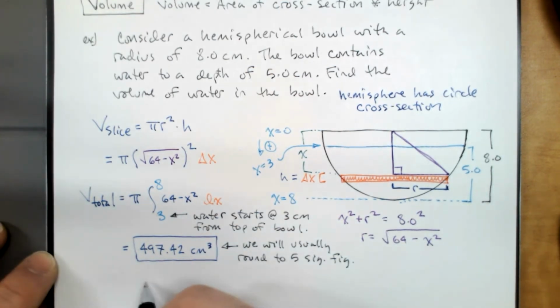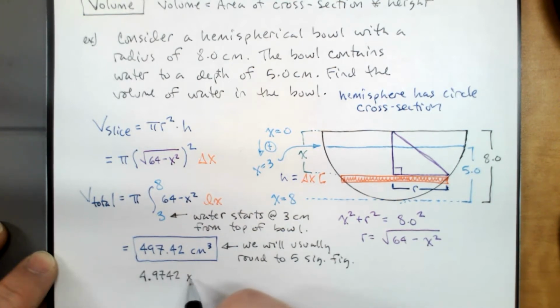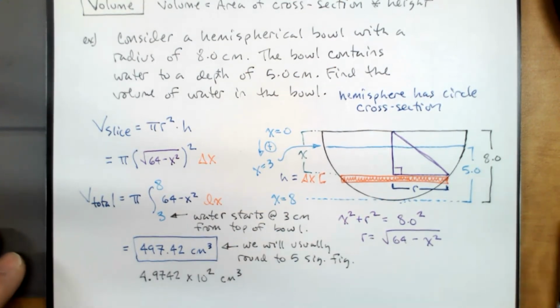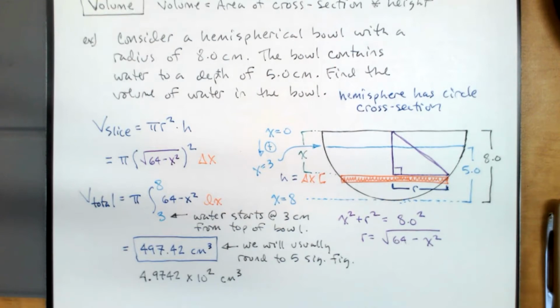Since this is hundreds, we could also write this as 4.9742 times 10 squared, because it's hundreds. And that would still be five significant figures, but in scientific notation. The times 10 squared is not adding any digits. It's just telling us where this 4.97 is.